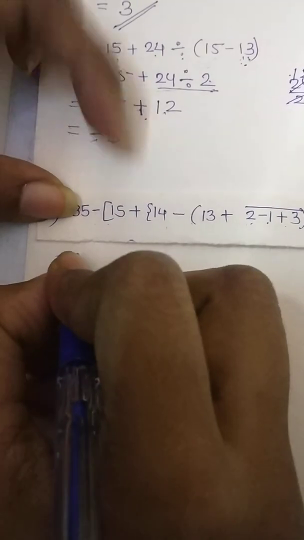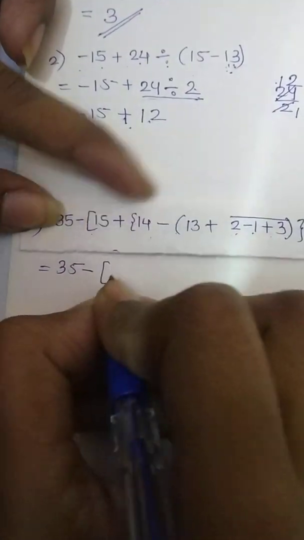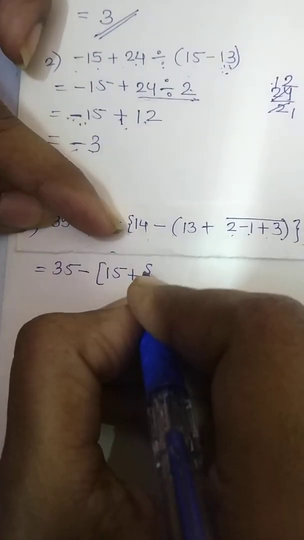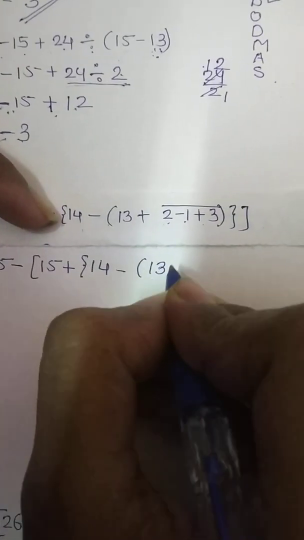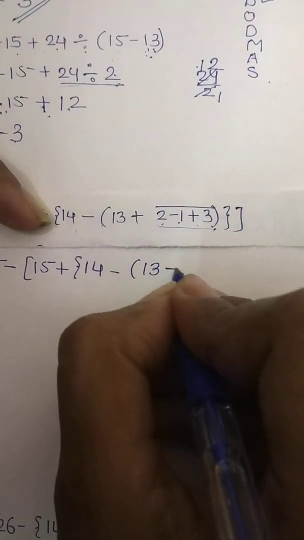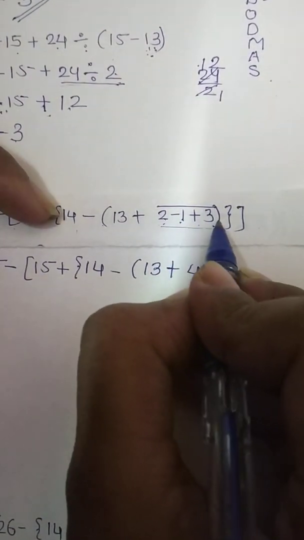So the rest of the numbers will come the same, 35 minus bracket open 15 plus curly bracket open 14 minus 13. Instead of all these numbers we will write 4. How come 4? See, 2 minus 1, 1. 1 plus 3, 4.